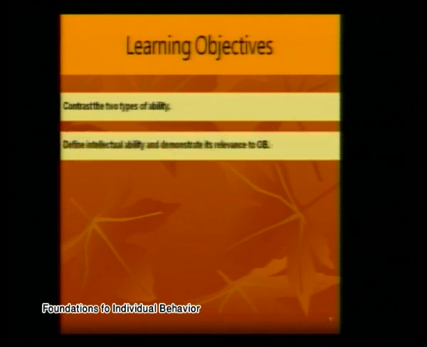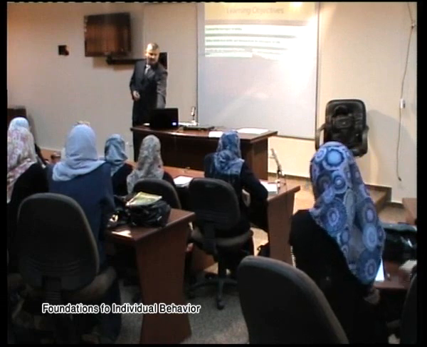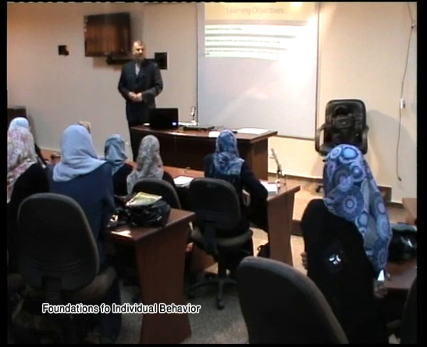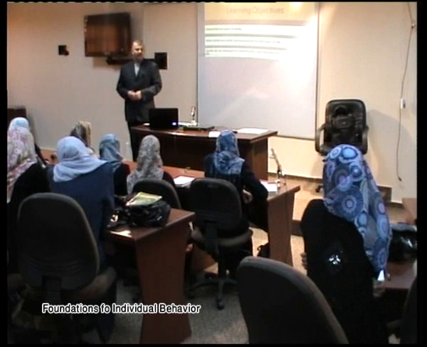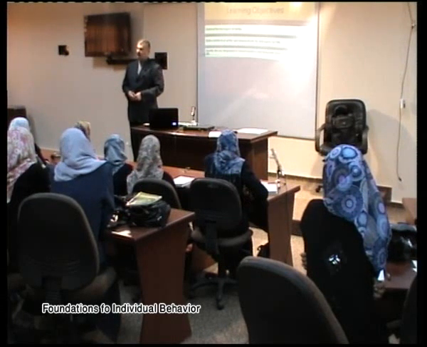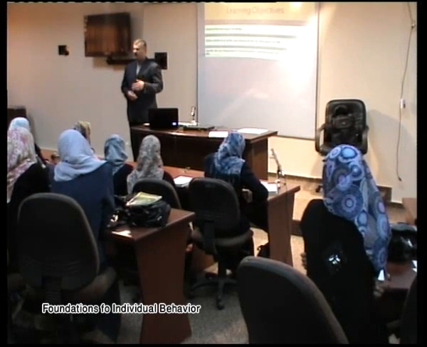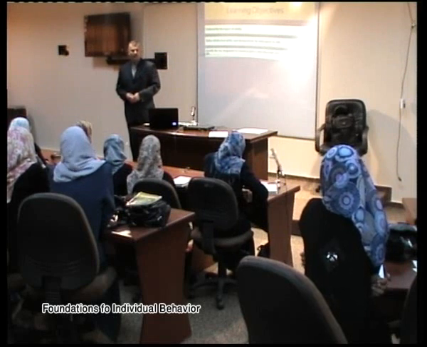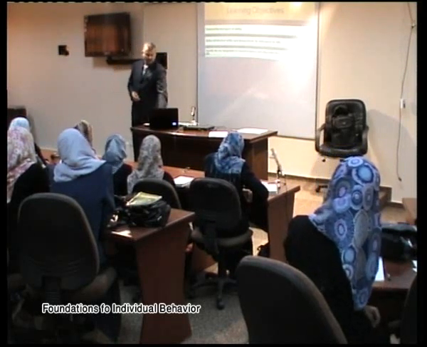Of course, we are going to talk about intellectual ability and physical abilities. We need to discuss the definition of each, and the types of each ability. Also, one of the topics is biographical characteristics of individuals and how this should affect the behavior of employees within the organization.